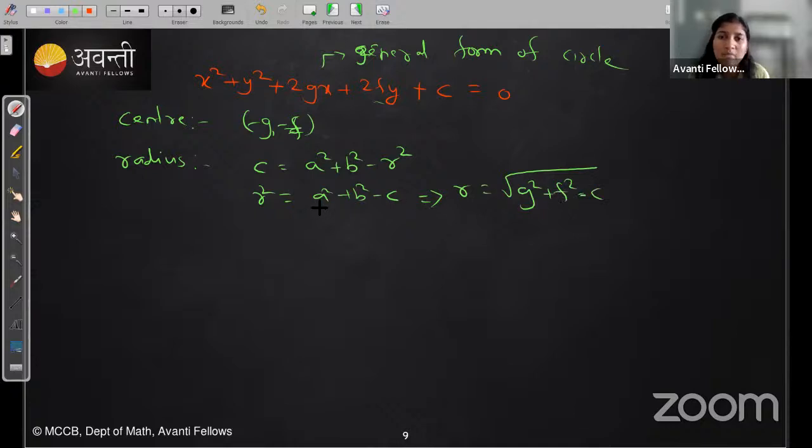Of course, I'm just replacing my a and b with g and f, because our center is (a, b), that is nothing but (minus g, minus f), right? So remember, if this is our general form of the circle, this will be the center, and this represents the radius. Okay.